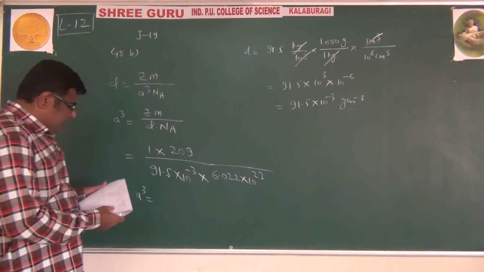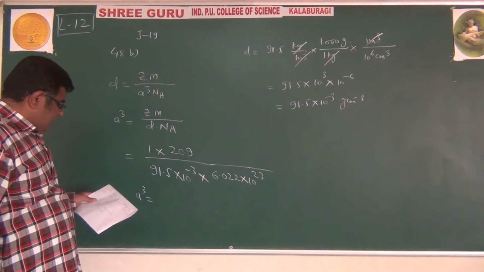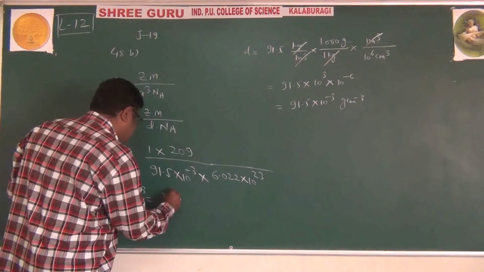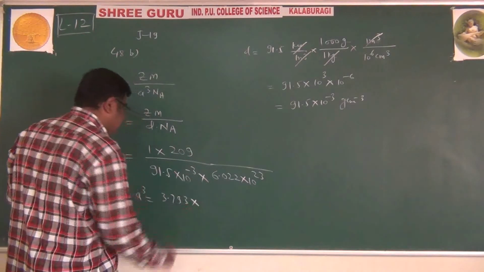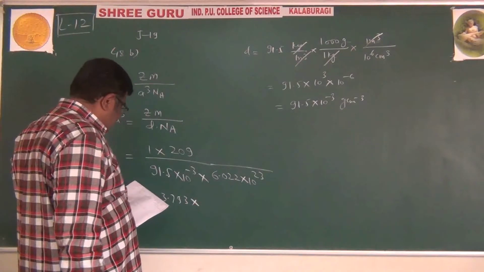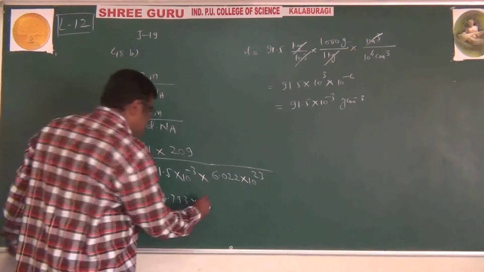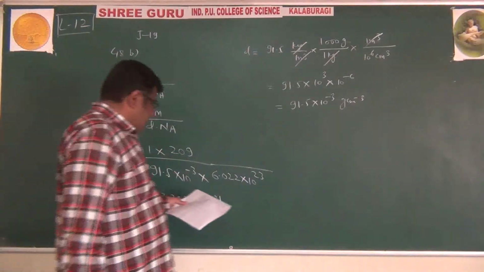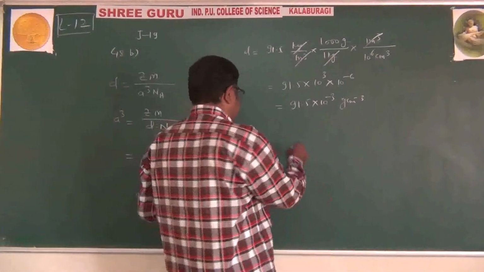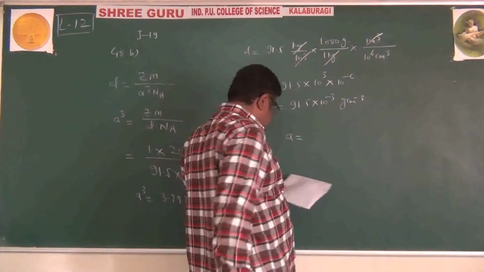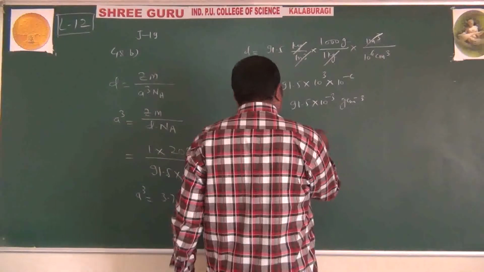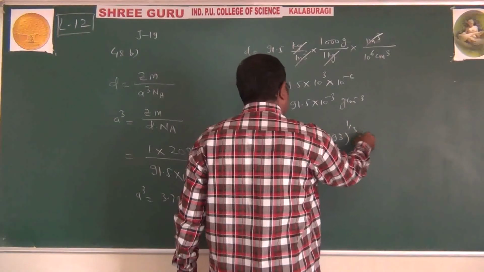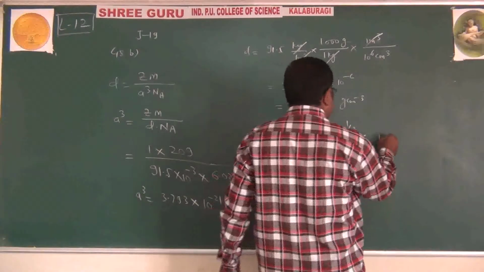And we have to first get A cube here. A cube happens to be 3.793 into 10 raised to minus 21, and that's why A equals cube root of that, 3.793 and 10 raised to minus 21.